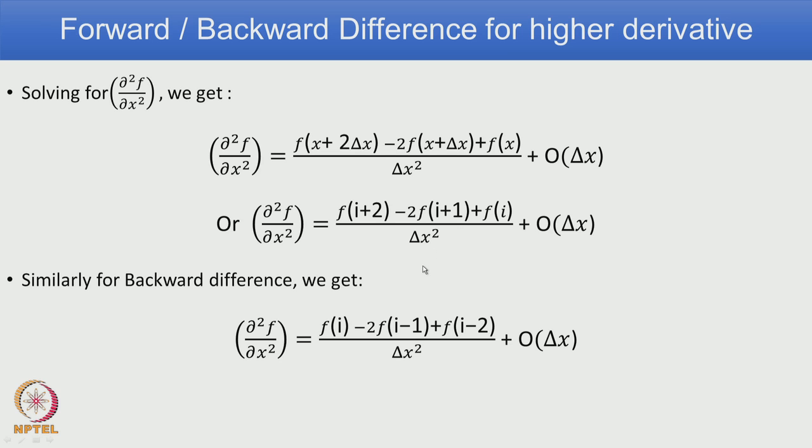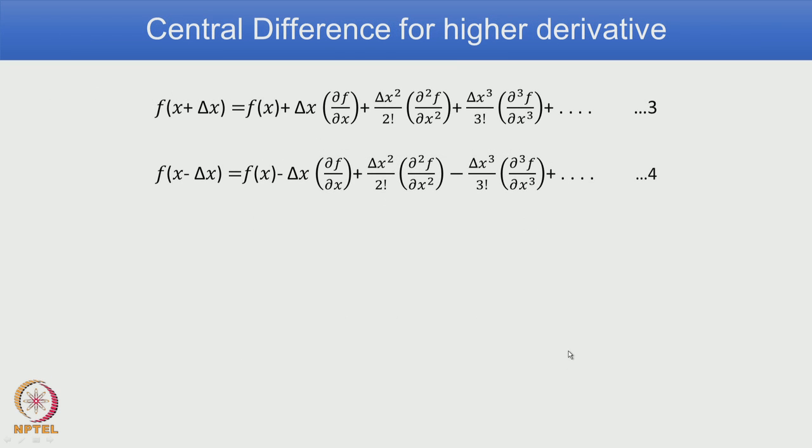Similarly, you can also get the expression in backward difference form following the same procedure, and what is shown here is the final form, which is [f(i) − 2f(i−1) + f(i−2)]/Δx² for the same second derivative, again with the order Δx.